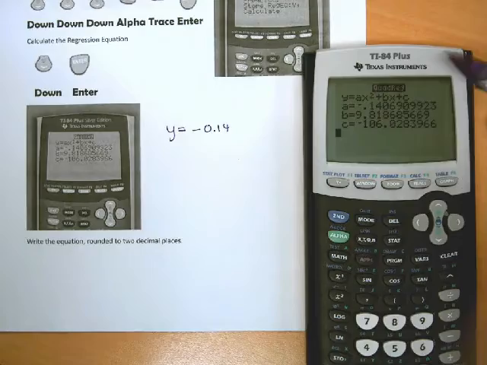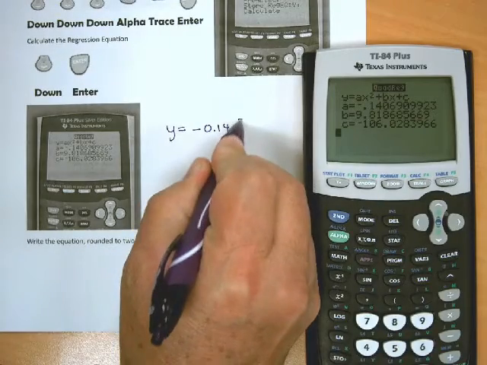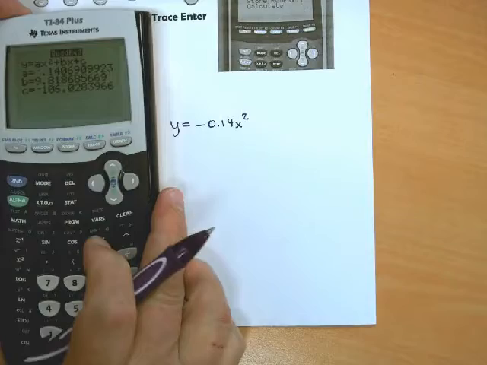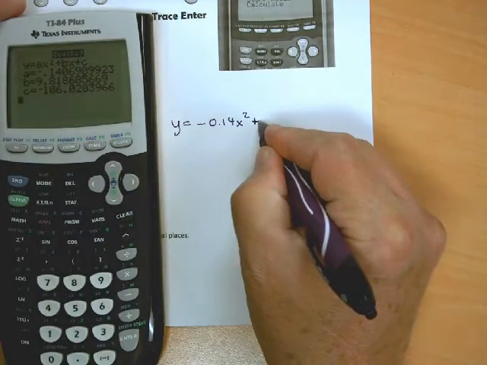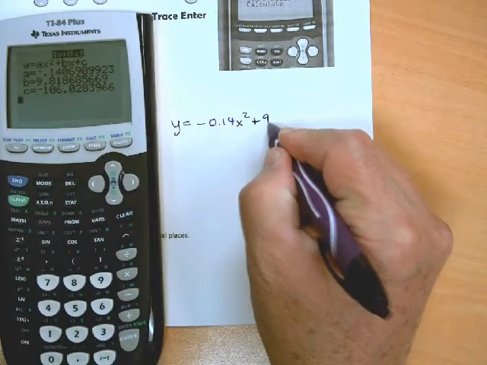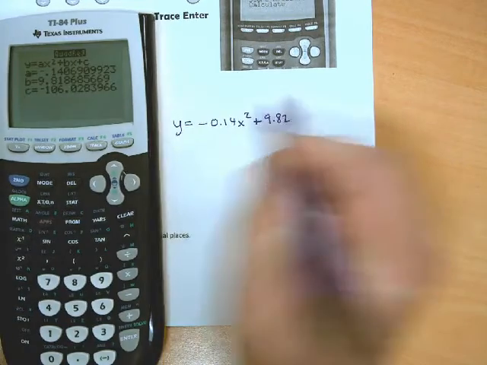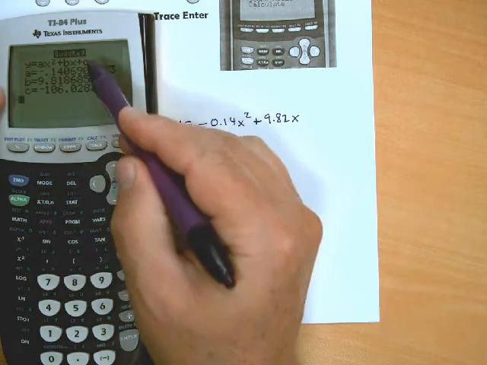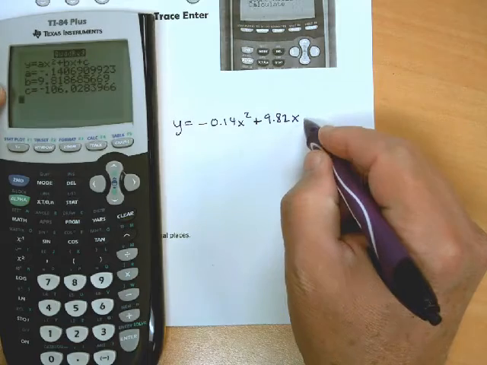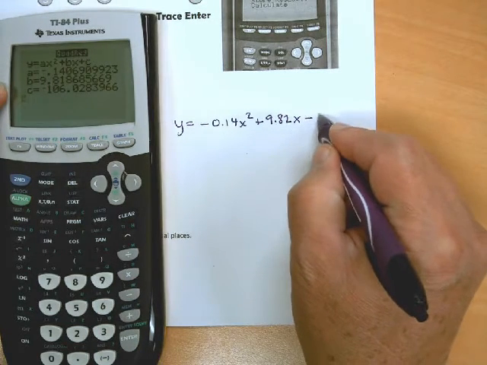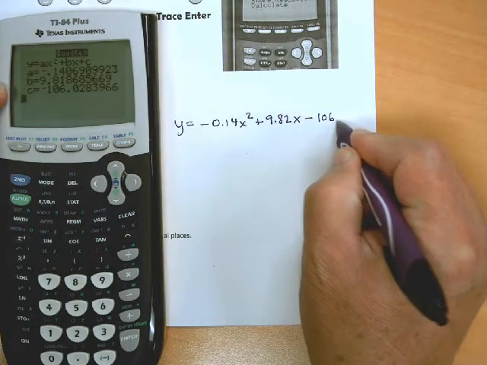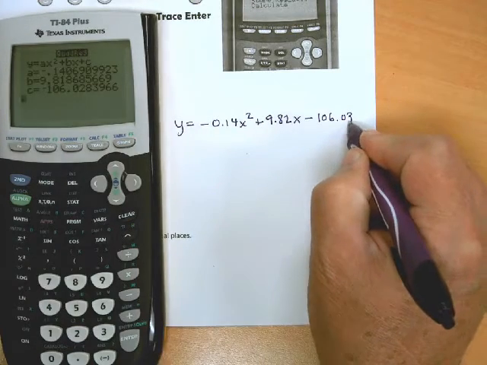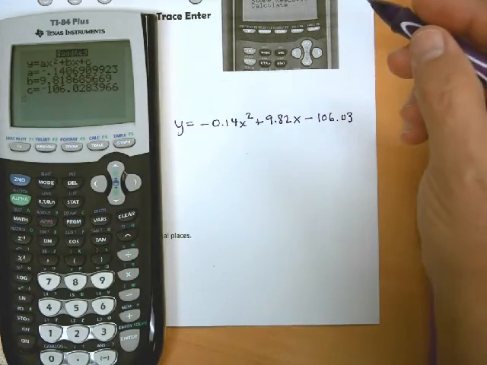That's the a value, goes in front of the x squared. The next number there is 9.818. We're going to round that to 9.82. And that b value goes in front of the variable x. And the c is by itself, so we'll round this off to negative 106.03, rounding to 2 decimal places of accuracy.